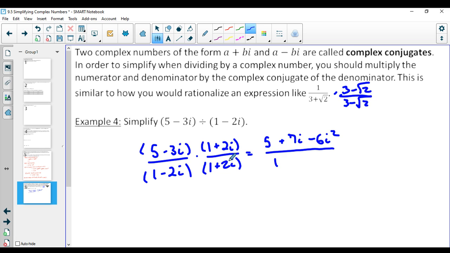We're going to get minus 2i and plus 2i, which is going to cancel out. That's the whole point. And then we're going to get a minus 4i squared. And now we can simplify that. i squared is just negative 1, so really we're going to be adding this 6. So 5 plus 6 is 11 plus 7i all over. And then again down here, this is really going to be plus 4 because i squared is negative 1. 1 plus 4 is 5.